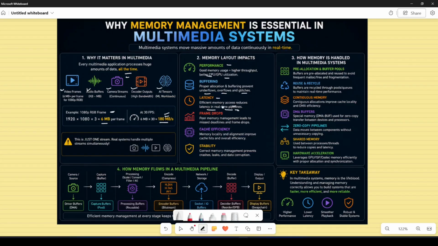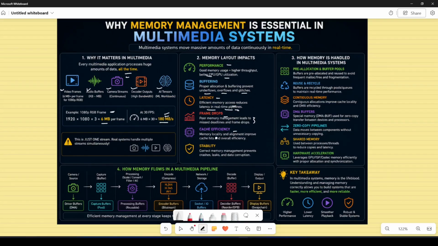So we need efficient memory access for better latency. There will be frame drops if there is no proper memory management. There will be no buffers for the frames to fill in, and then the frames will be lost, and frames lost means loss of data.